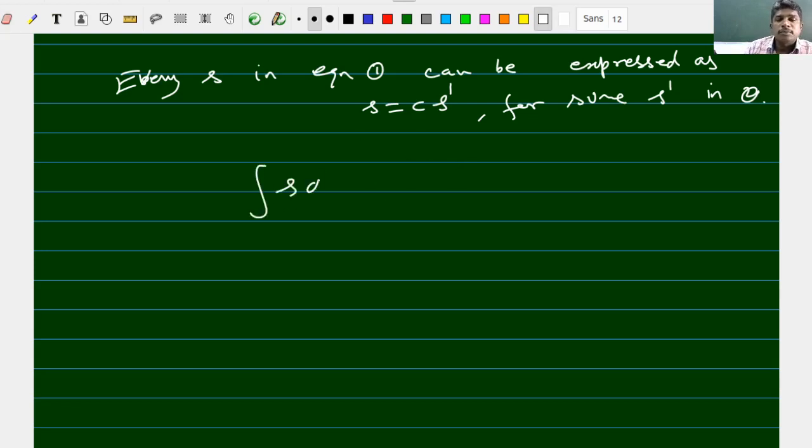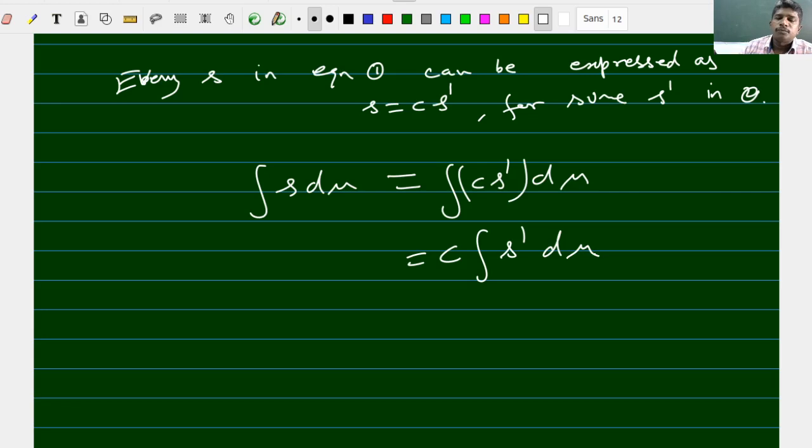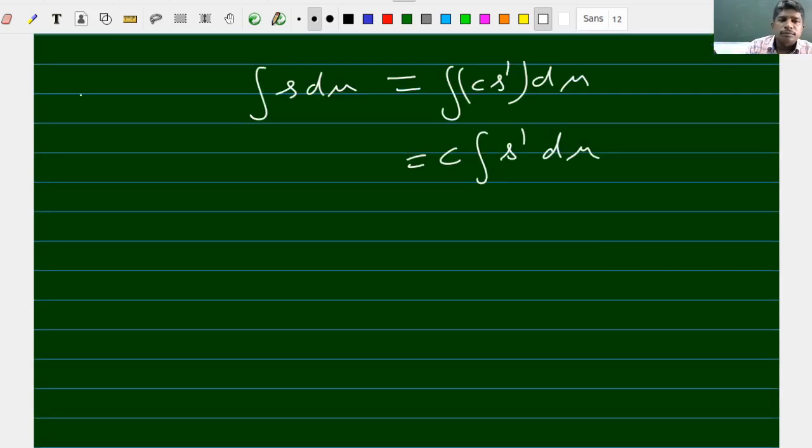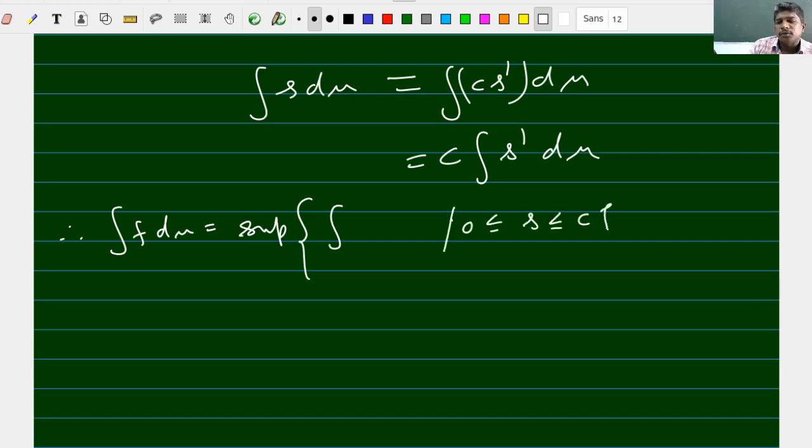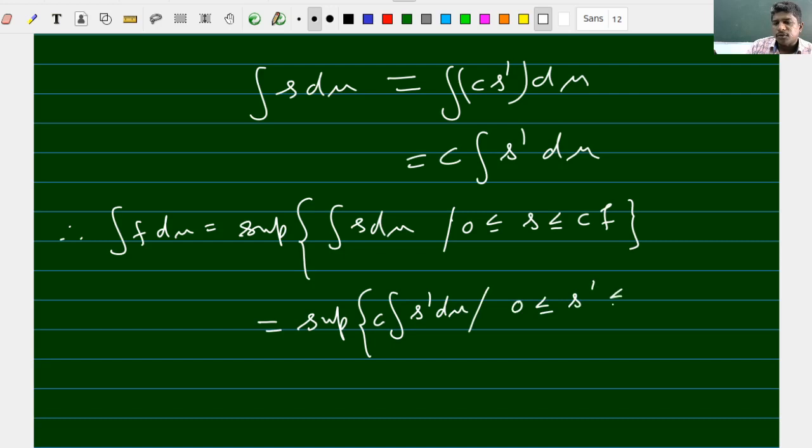Therefore the integral of s d mu can be written as the integral of c s dash d mu, which by definition is c times the integral of s dash d mu. So the integral of f d mu equals the supremum over all 0 ≤ s ≤ cf of the integral of s d mu, which is the supremum of the integral of c s dash d mu, where s dash is taken over all 0 ≤ s dash ≤ f.